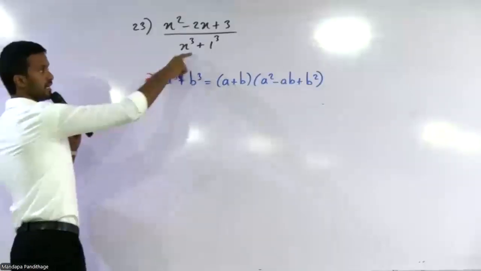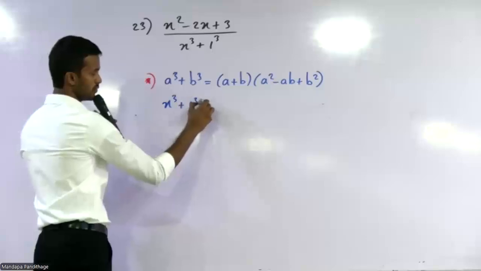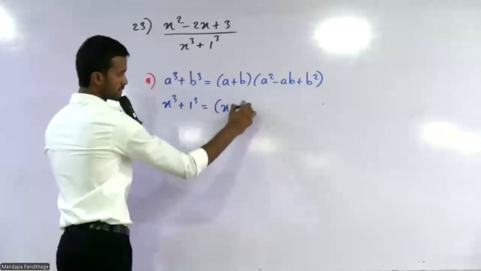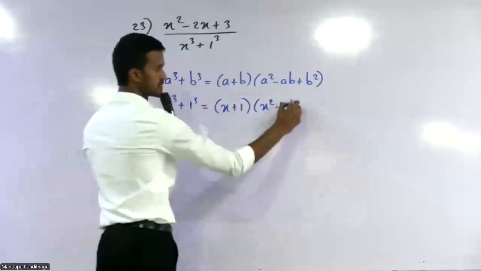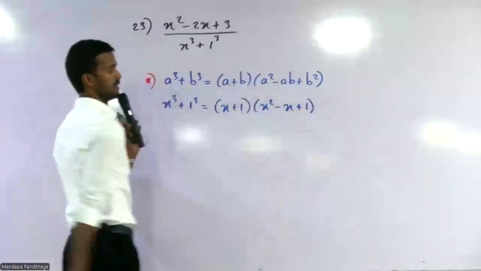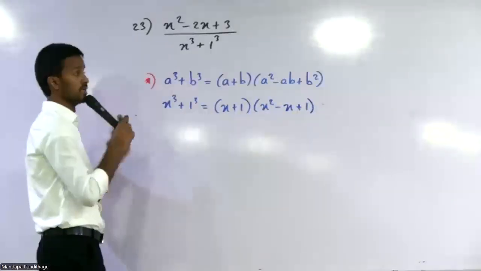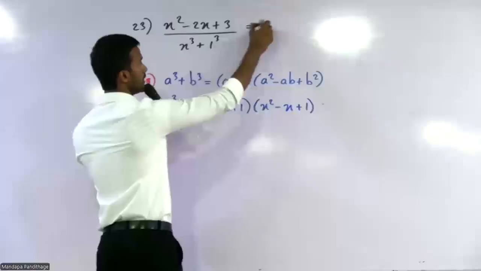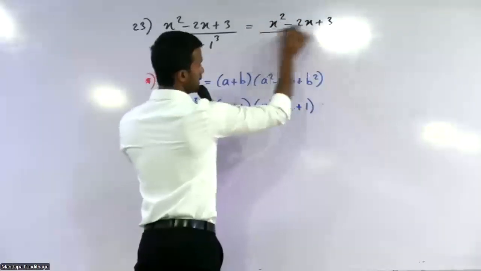So you can use the same expansion here. x cube plus 1 cube is equal to x plus 1, x squared minus x into 1 plus 1 squared. So first you need to factorize the denominator. What is the denominator?